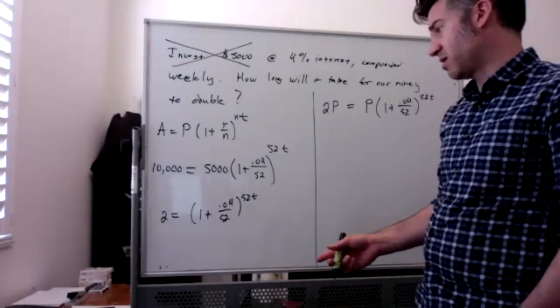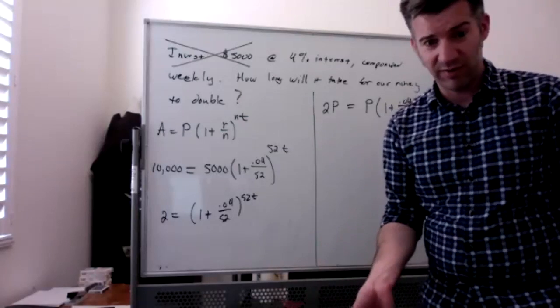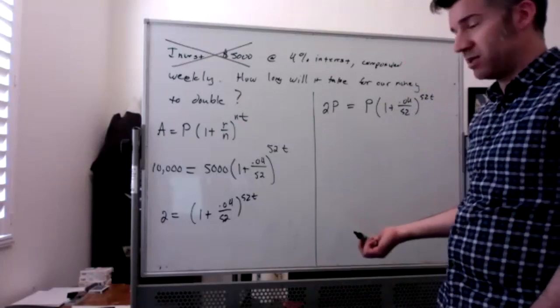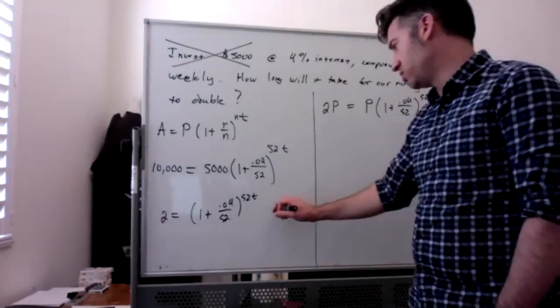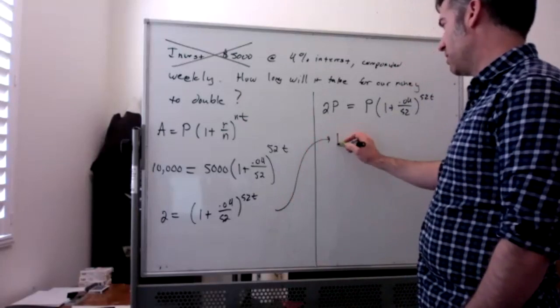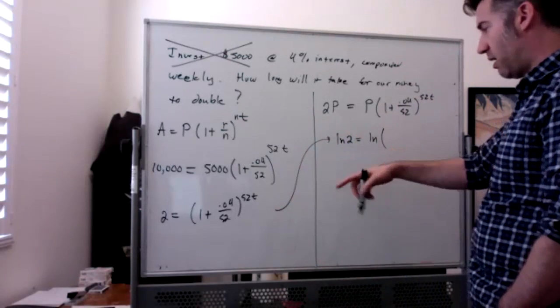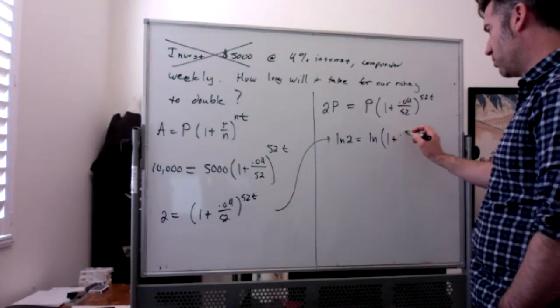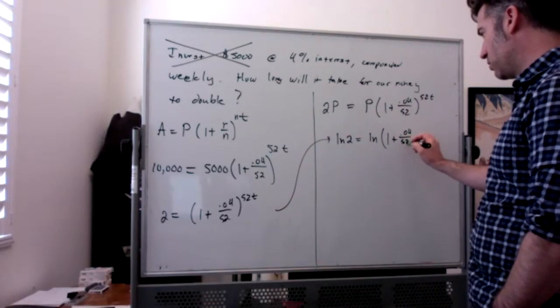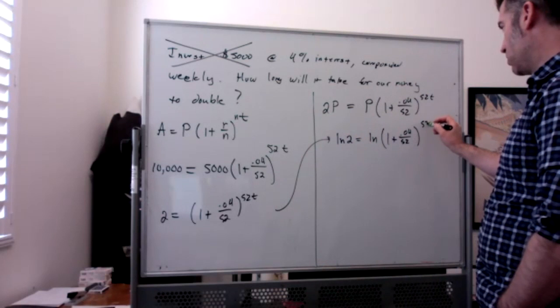So I'm going to take the natural log of both sides. You could use log base 2, that would be fine, but it's usually more common to say the natural log of 2 equals the natural log of this hot mess over here, 1 plus 0.04 over 52 to the 52t power.